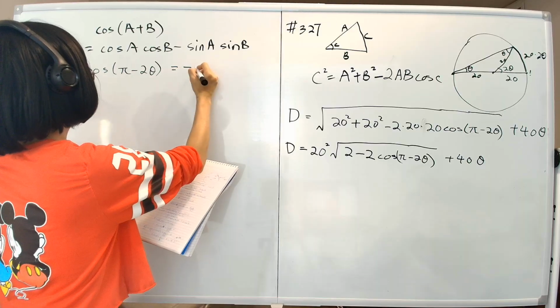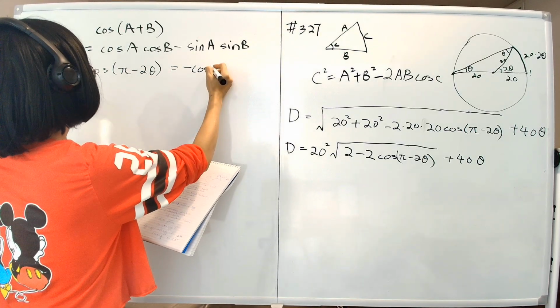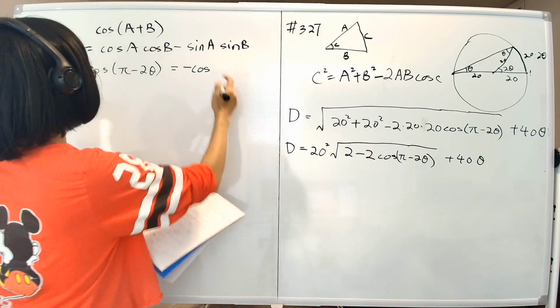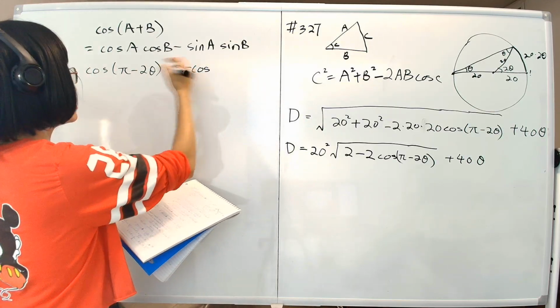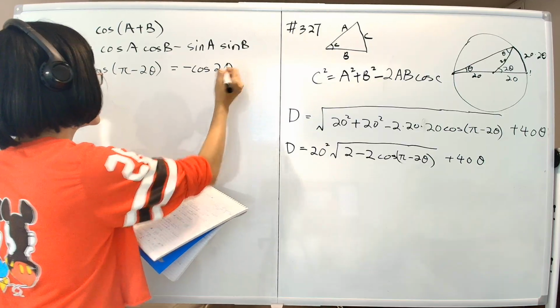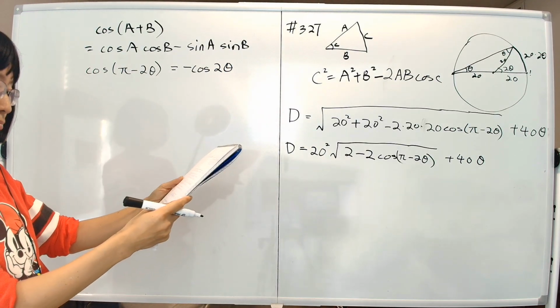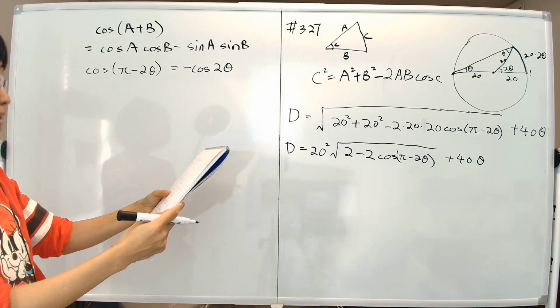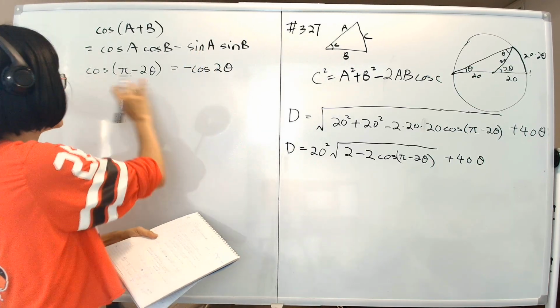So it becomes minus cosine of minus 2 theta. Cosine of minus 2 theta is just cosine 2 theta, because cosine of negative angles is the same. And that's about it, because sine of pi is 0. So this is the entire answer.